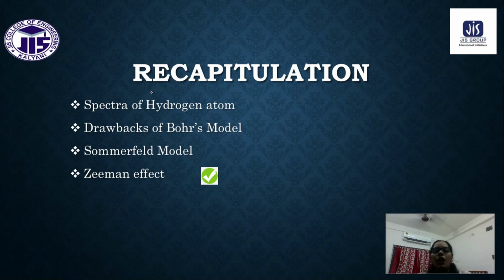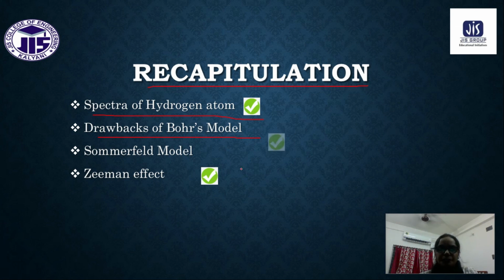So this is just a recapitulation of whatever I have discussed today. I have discussed the line spectra of the hydrogen atom, and the drawbacks of Bohr's model also.